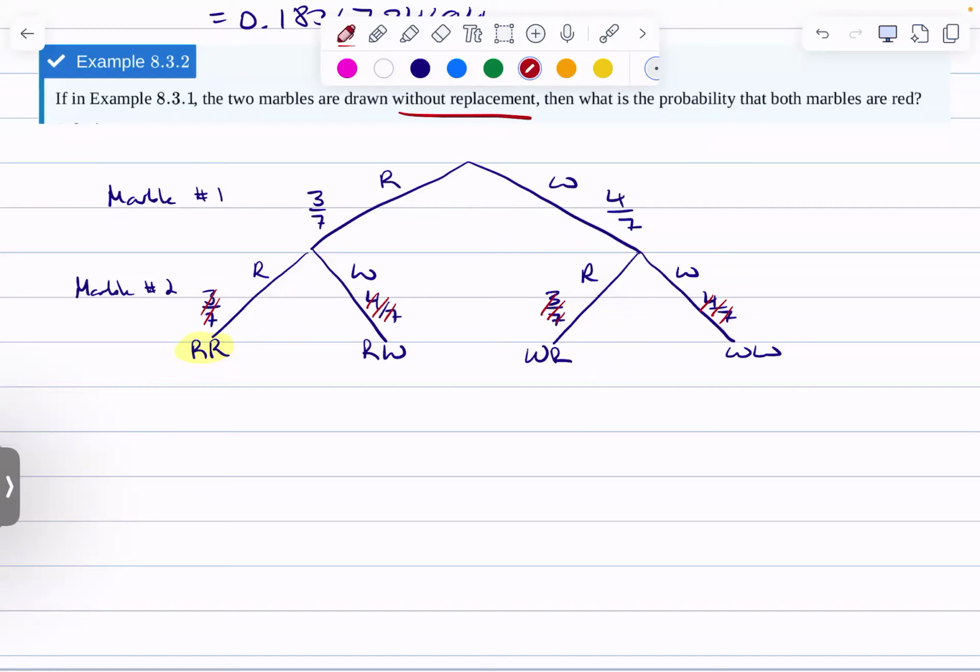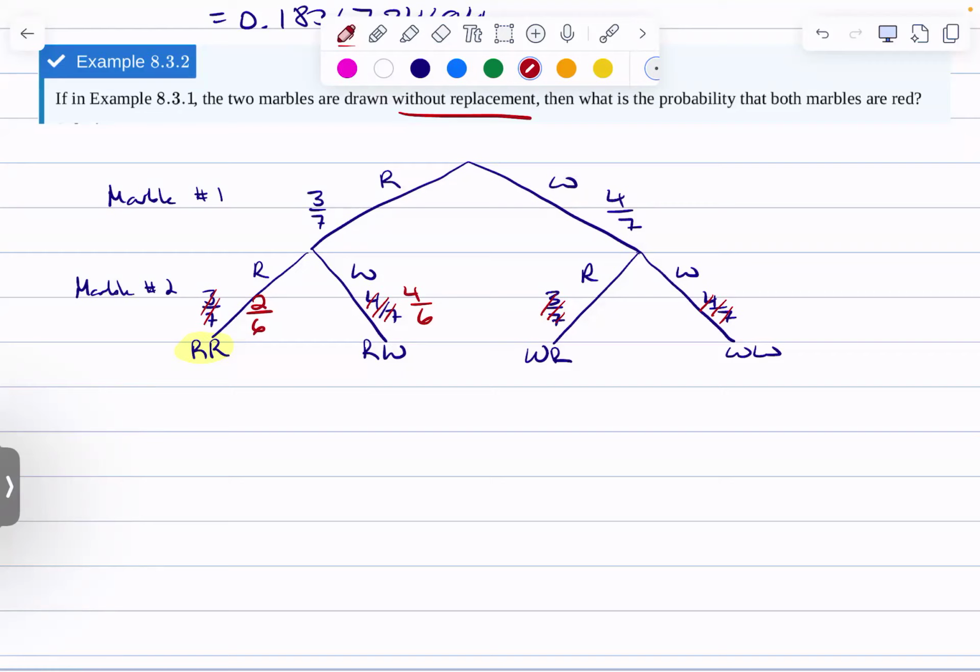And depending on what my first marble was, that's going to determine what the denominator is, right? And so if I've already drawn a red and there were 3 to start, then I have 2 left, right? 2 out of 6. Of those 6, the other 4 are still white, because they're untouched. And it makes sense, right? Each chunk of branches still has to add to 1. 2 plus 4 is 6/6, is 1. Nice.